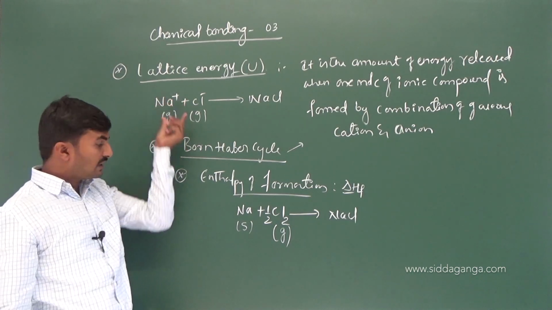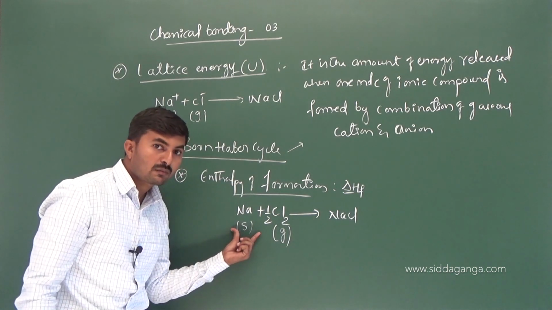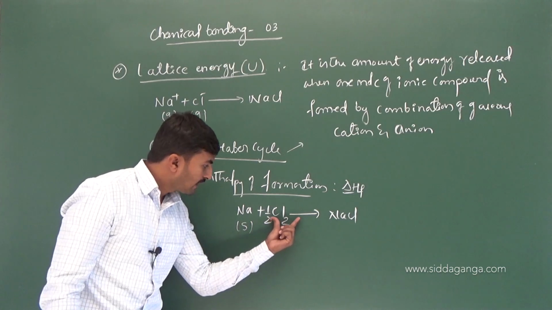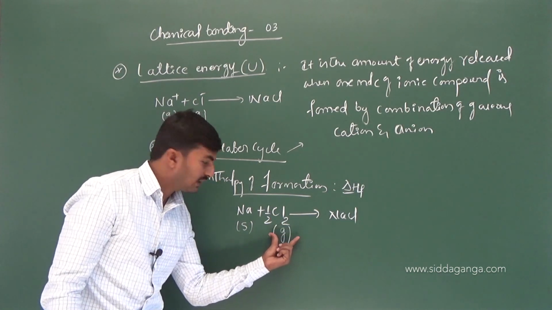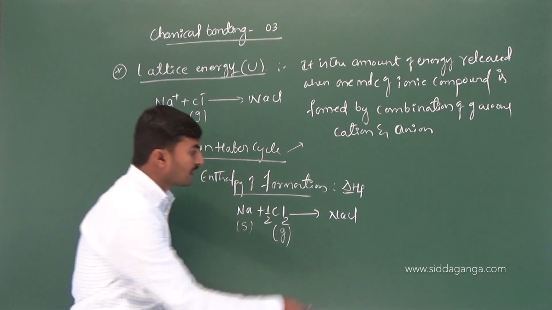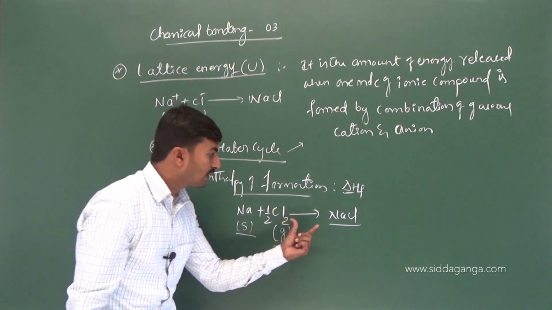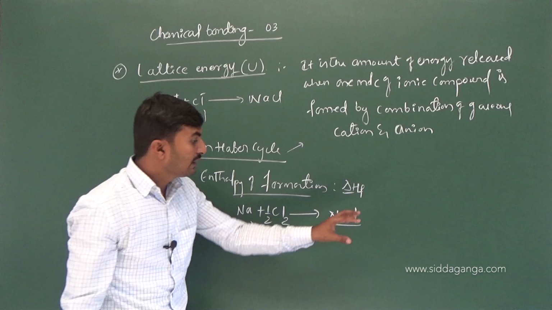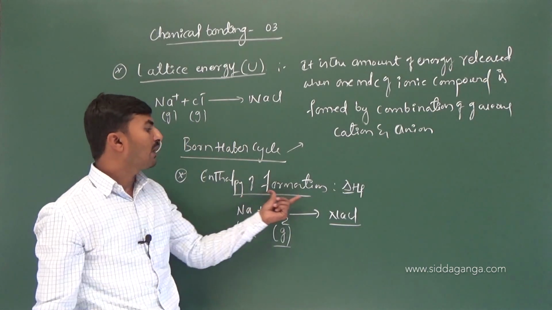In Na plus state, sodium is in a gaseous state, but the pure form of sodium in its elemental state exists in a solid state, whereas a Cl2 molecule exists in a gaseous state in its pure state. When these two pure state elements combine together to form 1 mole of ionic compound, the energy released during this reaction is called enthalpy of formation.